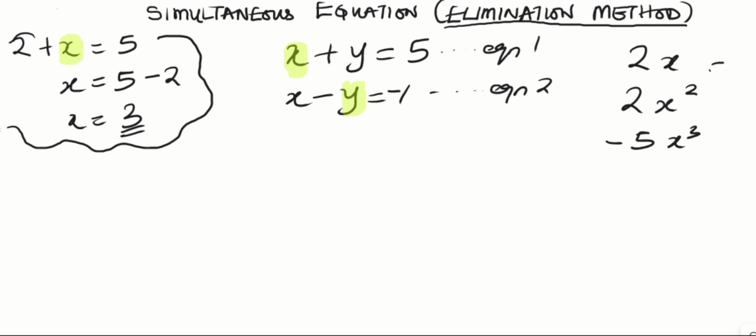A coefficient is the number that is multiplying the algebraic term. So the coefficient of x there is 2, the coefficient of s squared here is also 2, and the coefficient of s cubed here is negative 5. So 2, 2 and negative 5 are the coefficients of these algebraic terms that I just wrote out.